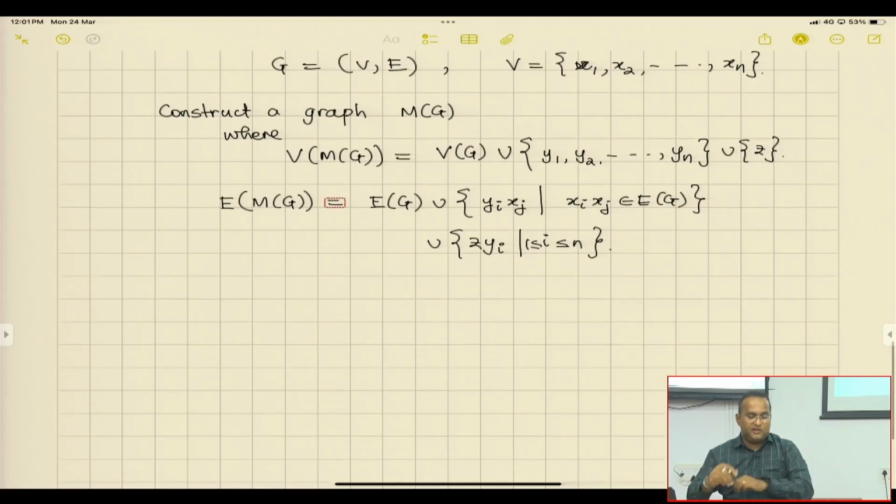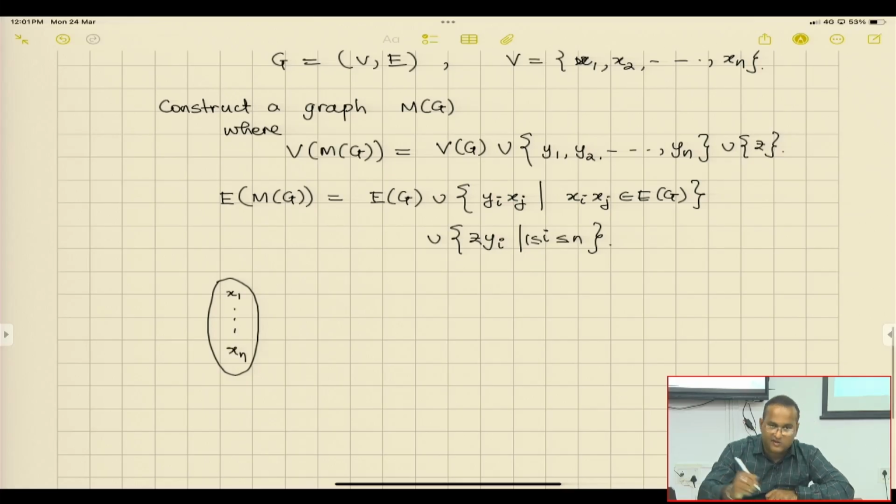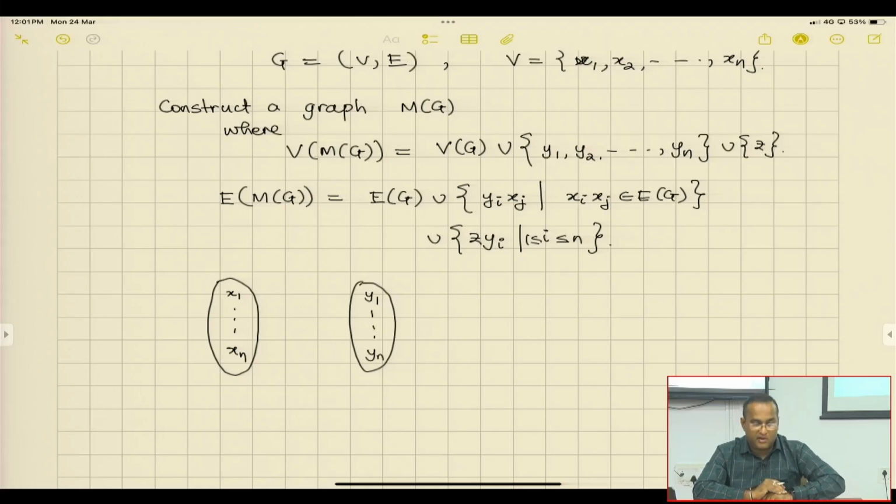Okay, so what is the meaning of this? The meaning of this is this is the graph. This is x1 to xn, right? Here edges are there. So you make a copy of these vertices. This is y1 to yn, okay, and you take a new vertex, that is z.